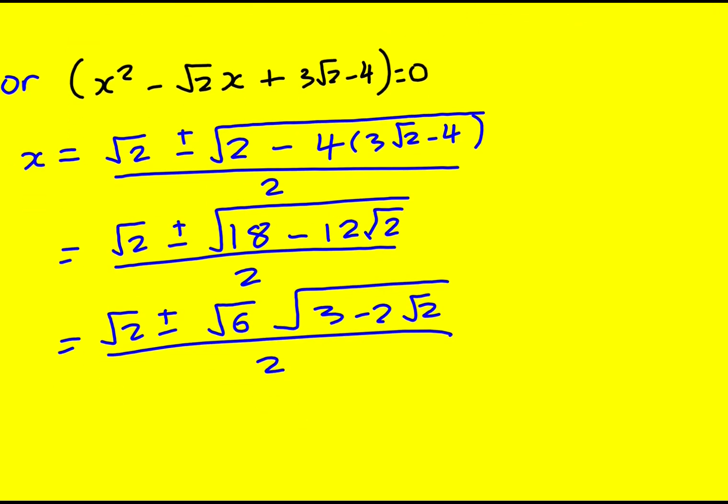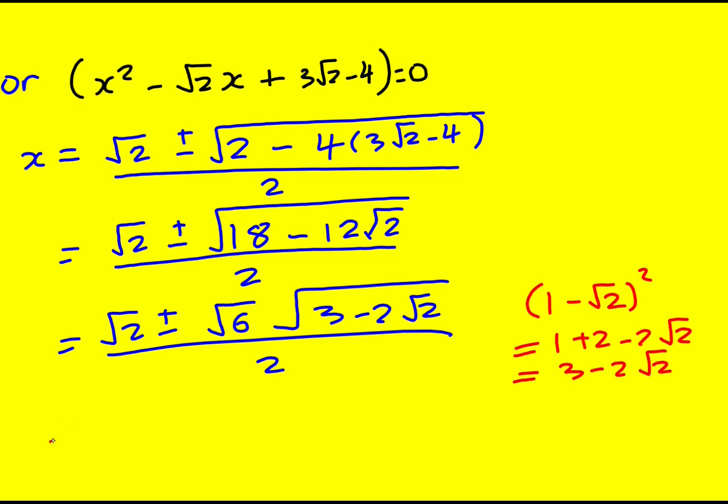You could go through the whole long process of trying to find the square root of this, just like we did right at the start, but it's very similar to 3 plus 2 root 2. Let's try 1 minus root 2 squared. That's going to work out because we'll get 1 plus 2 minus 2 root 2.